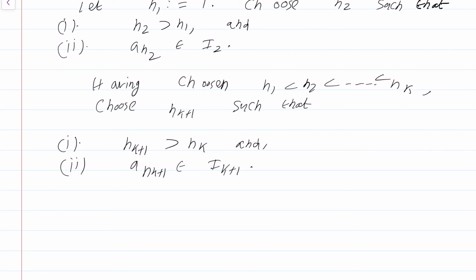So you can see where this is going. We are trying to construct a subsequence such that the nkth term is present in Ik. Okay, that's the basic idea. The first term we don't really care, we are just setting n1 to be 1. For all the other terms, we are making sure that a_{nk} is there in Ik.